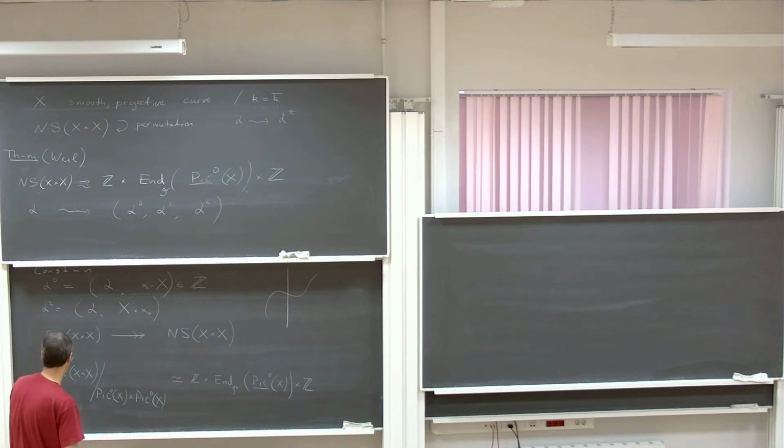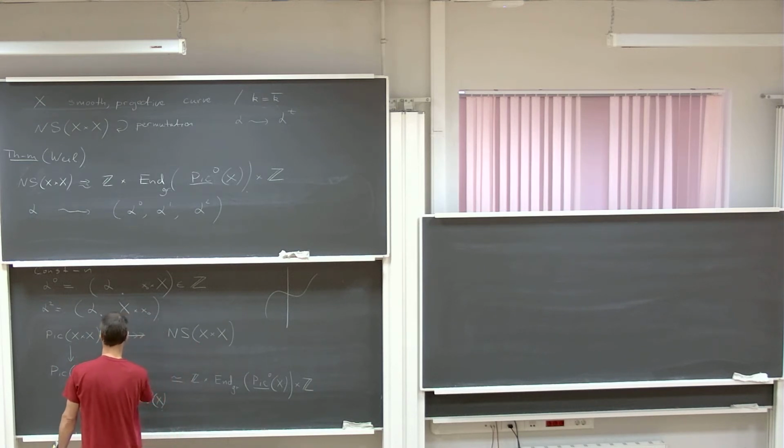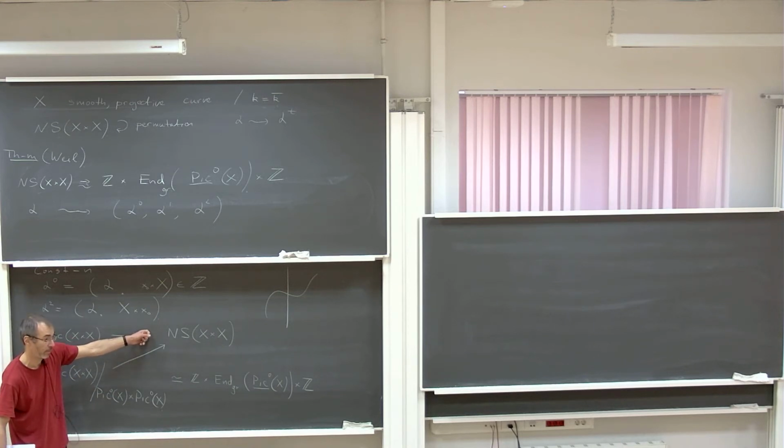So this gives us a map. Degree 0 line bundles pulled back by either of these two projections are in the kernel, right?